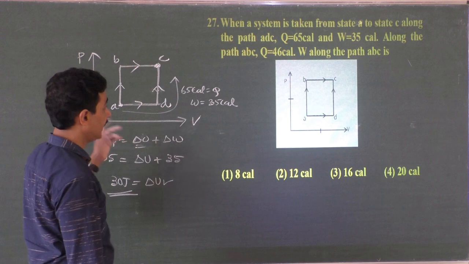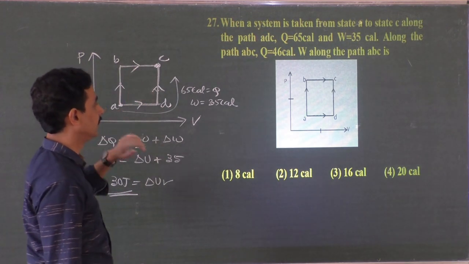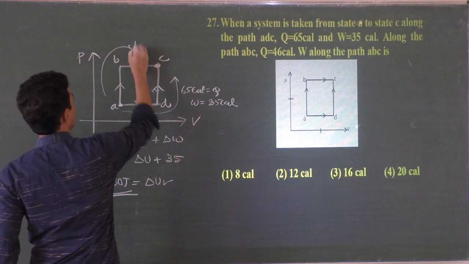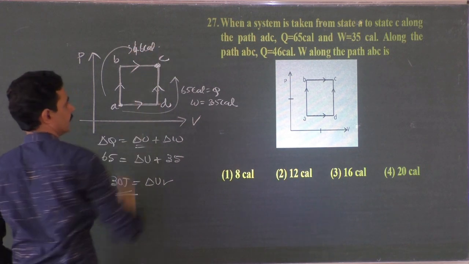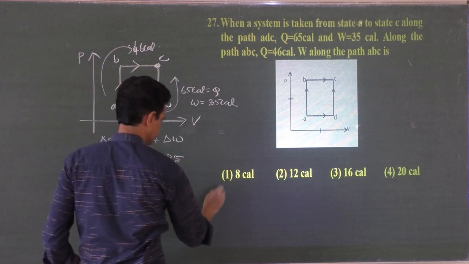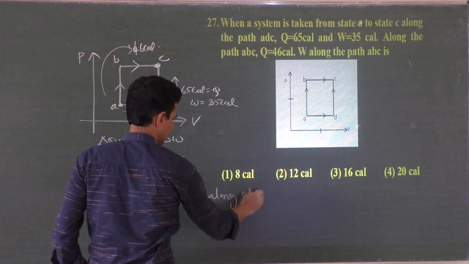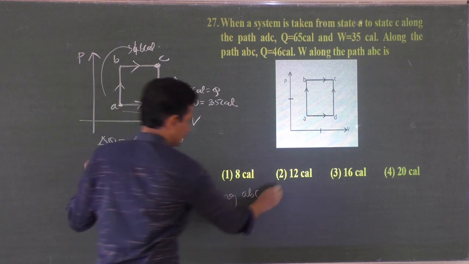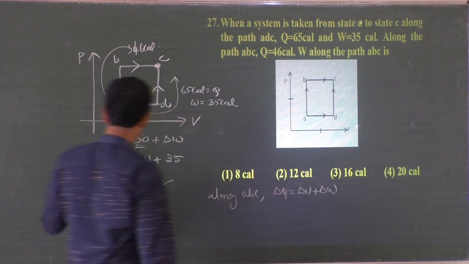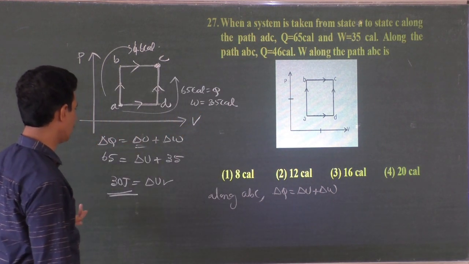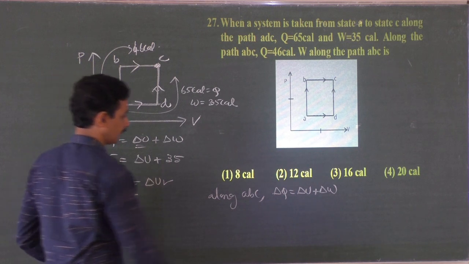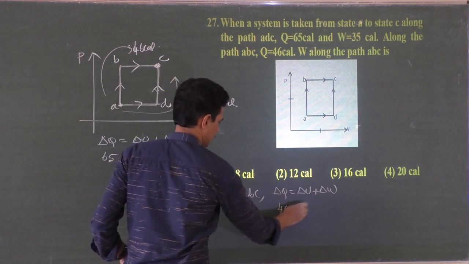So they say that along ABC, the amount of heat energy absorbed along this path is 46 calories. What is W along the path? So along ABC, you can write again this formula: Delta Q is equal to delta U plus delta W. Delta Q is given as 46, the heat energy absorbed.